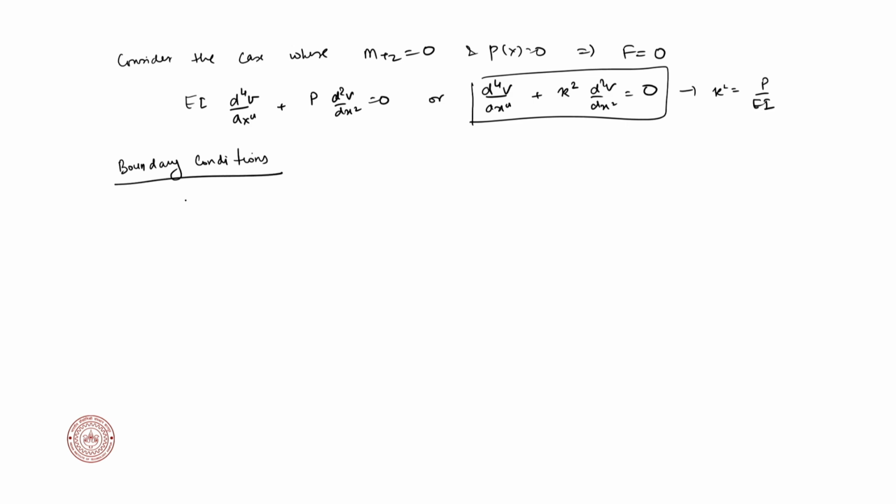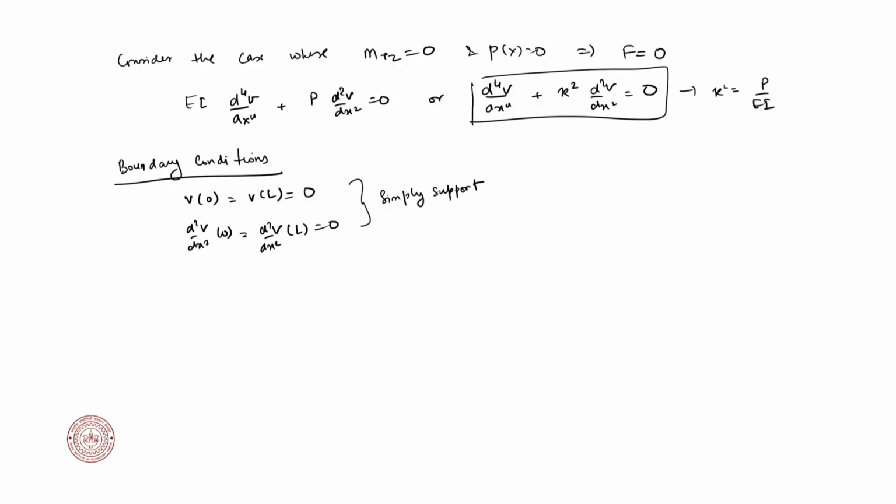The boundary conditions will be that v at 0 and v at L are 0, and d2v/dx2 at 0 and d2v/dx2 at L are also 0. So, that is the case of a simply supported or a pinned system, not a fixed system. If it is fixed, then there will be other boundary conditions. Again, if you go back to the set of lectures on solid mechanics, we have done beam modeling in depth. From there you can see what simply supported boundary conditions are, what fixed boundary conditions are, and so on.